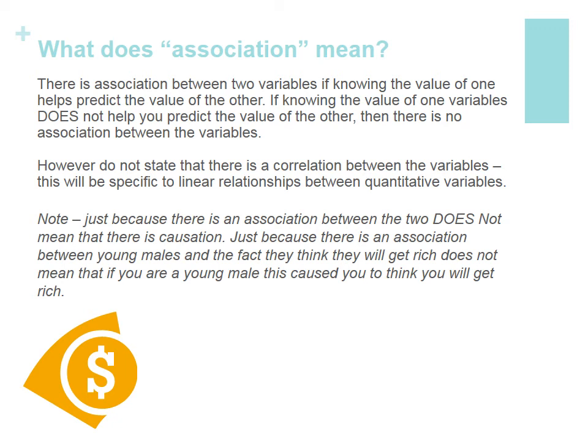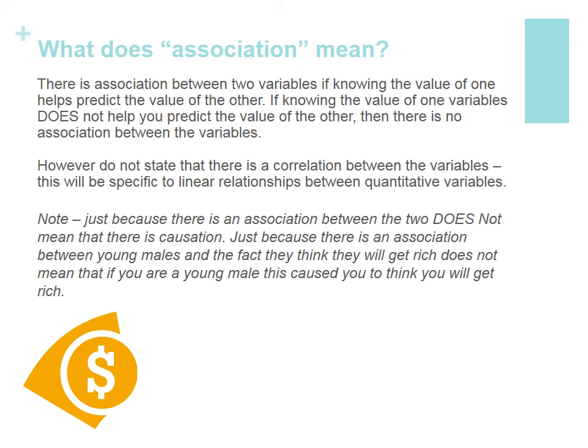So knowing whether they're male or female, does that help us predict whether they think they're going to get rich or there's not really a good chance of getting rich? If knowing the value of one does not help you predict the value of the other, then there's no association between the two variables. Okay, so if knowing whether they're male versus female doesn't help you predict whether they think they're going to get rich or not get rich, then there's no association between the variables.